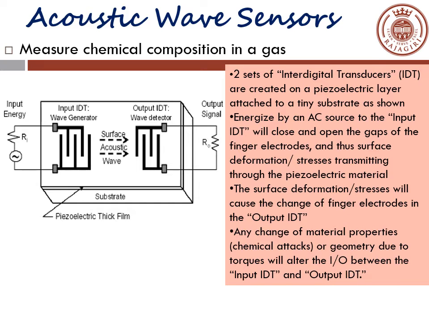When the input IDT gets energized by the AC source, you can see the finger structure of the IDT. When it is subjected to an AC source, the gaps between these finger electrodes close and open, and that will cause a surface deformation or stress.